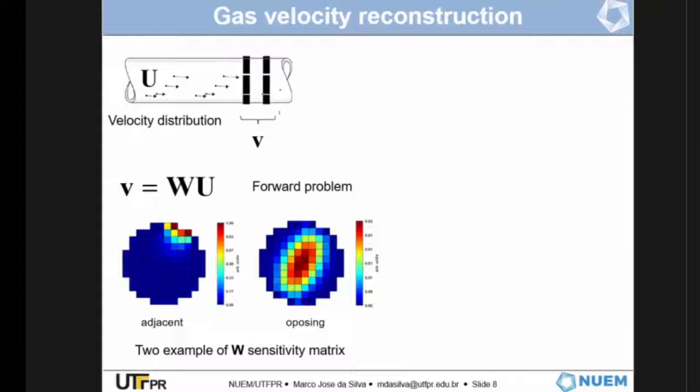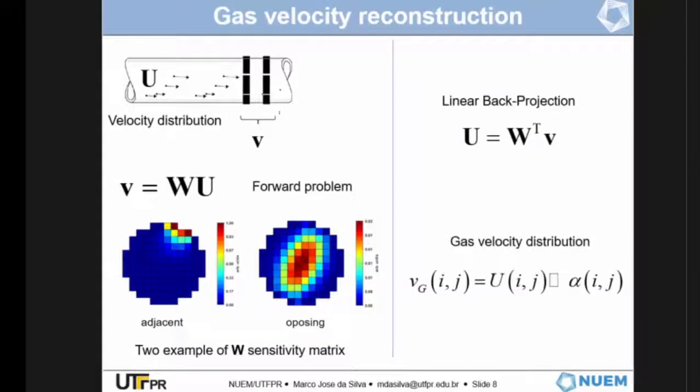When I cross-correlate adjacent electrodes, basically I'm looking at the velocities close to the border. Of course, I can do that for all the 8 electrodes, so I get the information around the pipe. And if I cross-correlate opposing electrodes, I'm getting some information in the middle of the pipe. So, of course, I can extract some information of the whole cross-section.